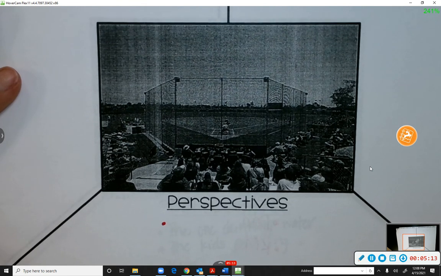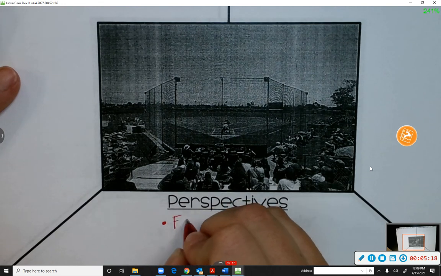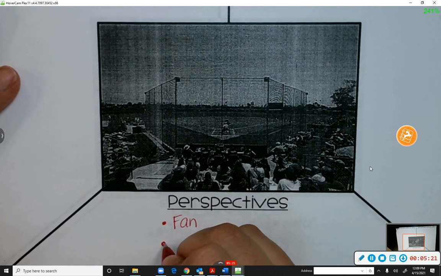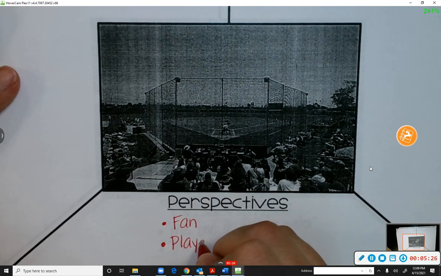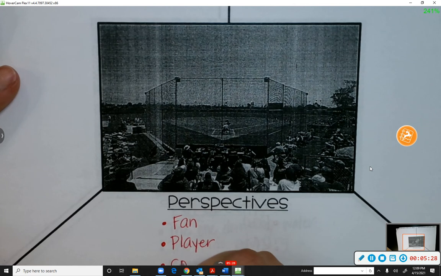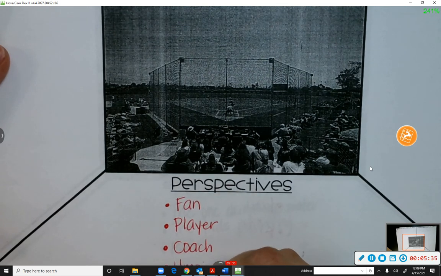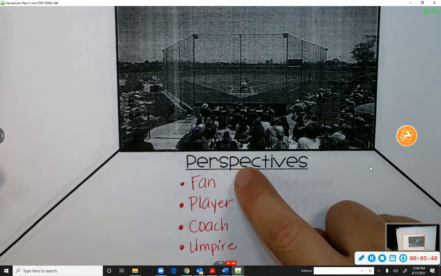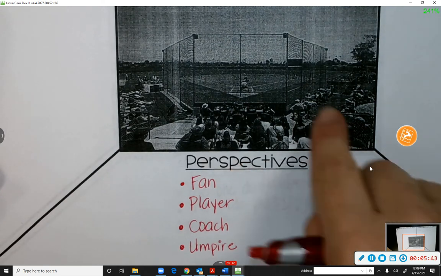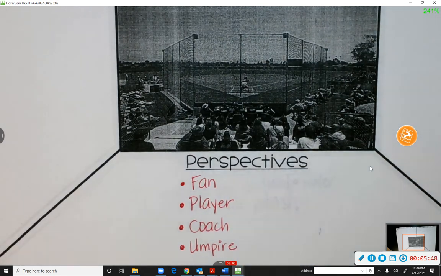You mean a spectator, a fan? Yeah. Okay, you could be a fan in the bleachers. A player, Jalen. I was gonna say a player. You could be a coach. Could you be an umpire? Yeah. Okay. So if you're writing in first person, you can say, I really enjoyed this exciting game, if you're a fan. Now a player might say a different sentence.